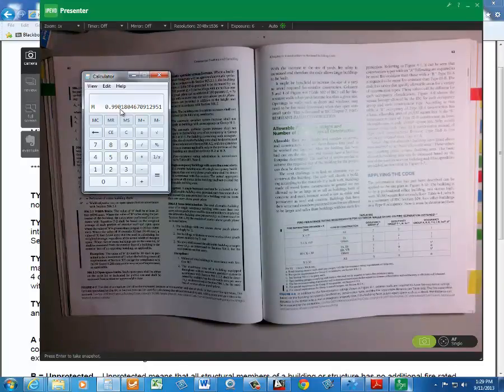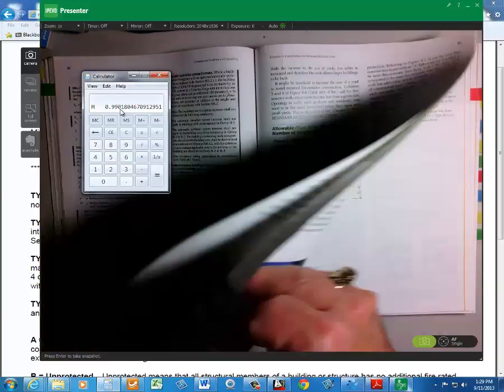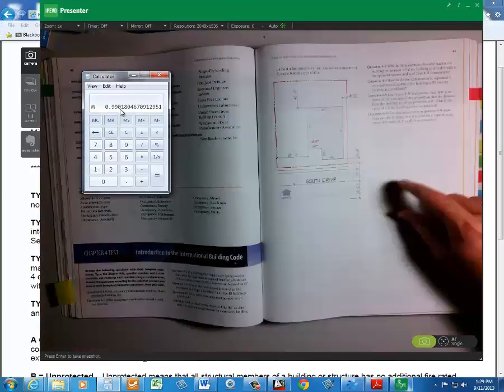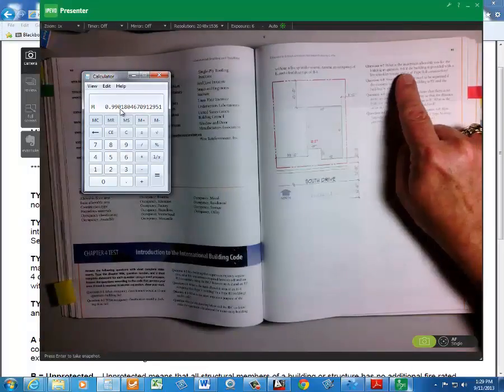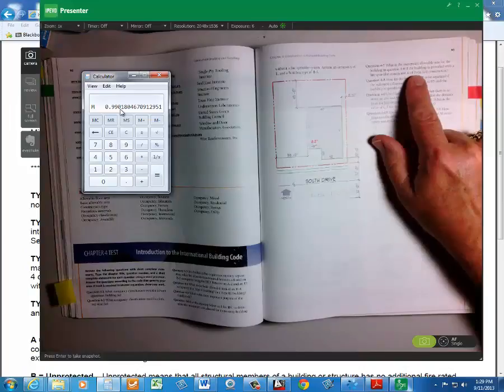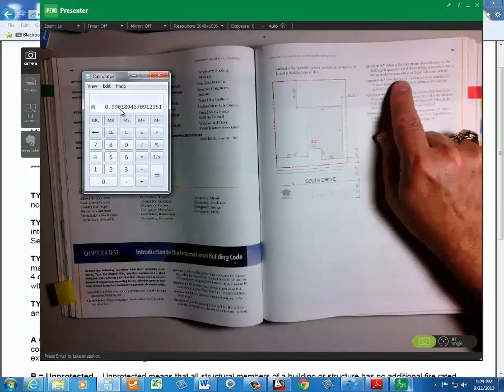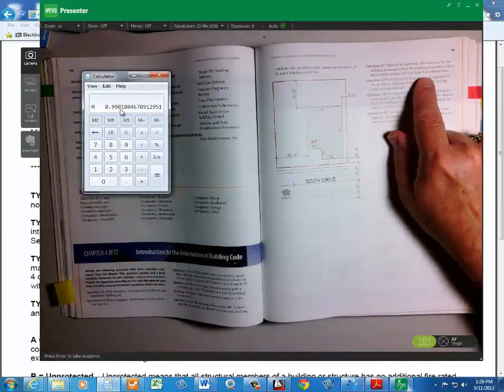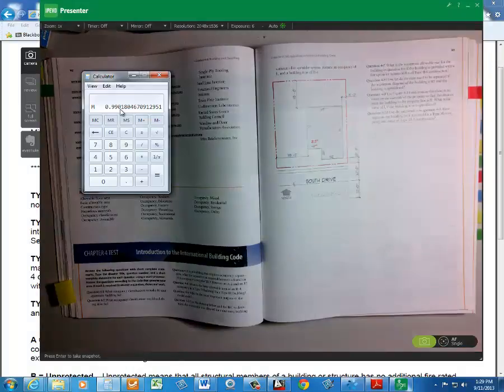So your challenge now is go back over, if you need to, whatever calculations you've done. Because now it asks, in question 4.6, what is the maximum allowable size for the building if the building is provided with a fire sprinkler system. Uh-oh. And it's type 2B. They changed the type, and now a fire sprinkler system's been added.